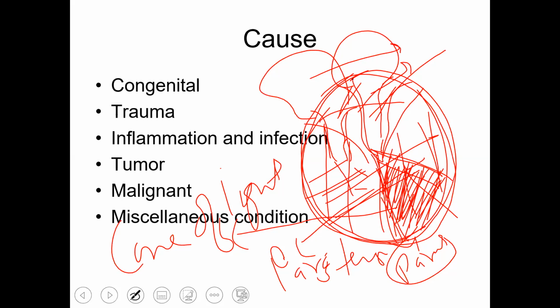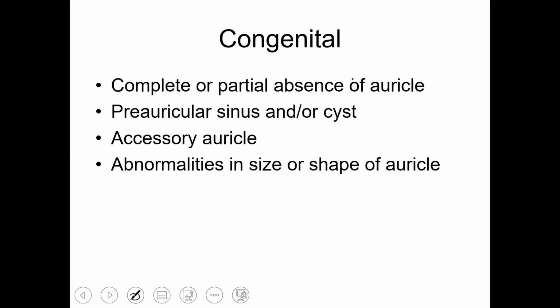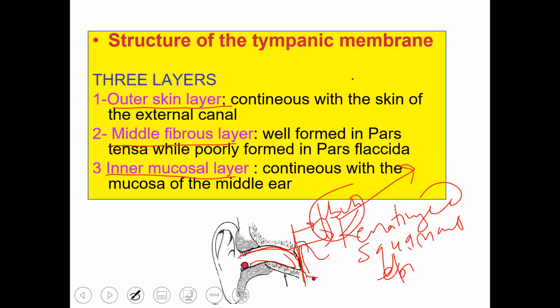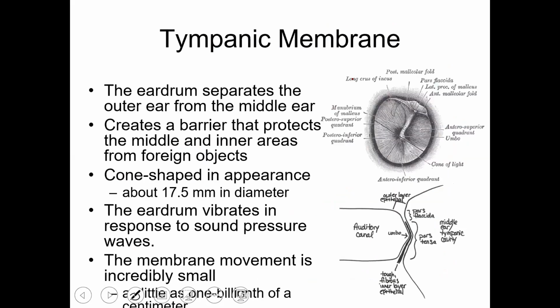A very common dictum in otology is that a healthy tympanic membrane rules out virtually any middle ear pathology, because all middle ear pathology is essentially reflected on the tympanic membrane, as the middle ear mucosa is also a layer of the tympanic membrane itself. So again, we will go on to the tympanic membrane segment.